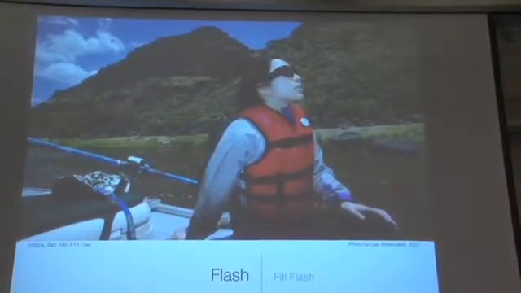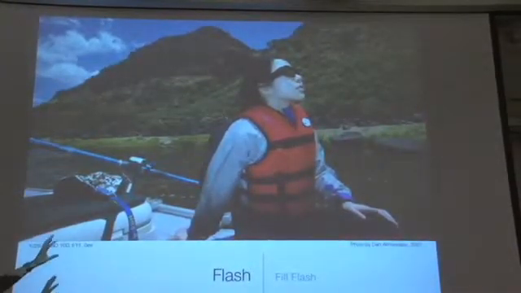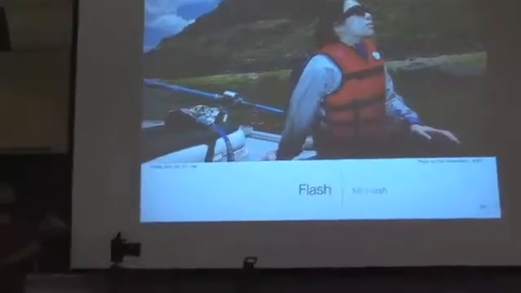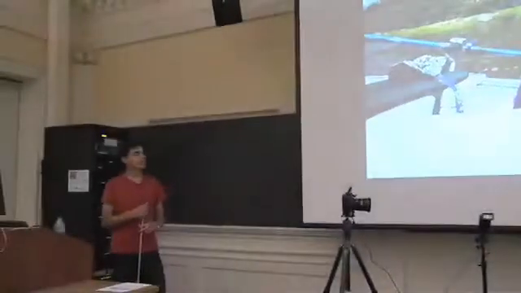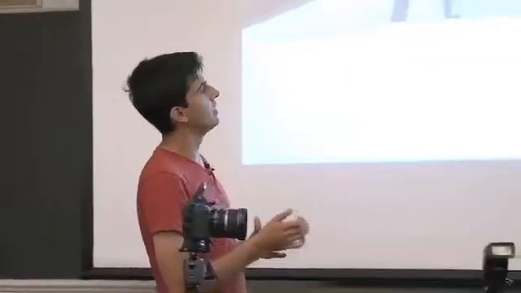And so remember here, of course, that you have to be careful with light fall off, because the subject does have to be within a certain range in order for you to provide enough light to fill the darker regions with fill flash appropriately.